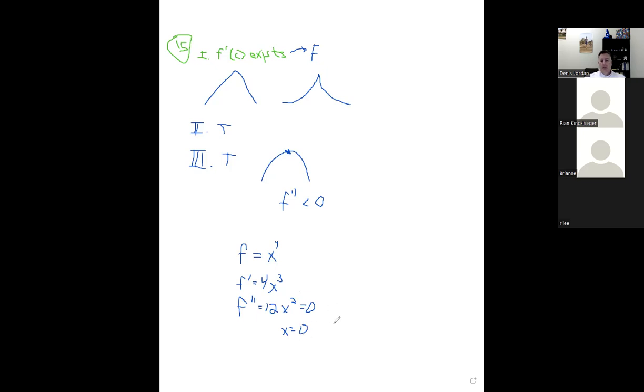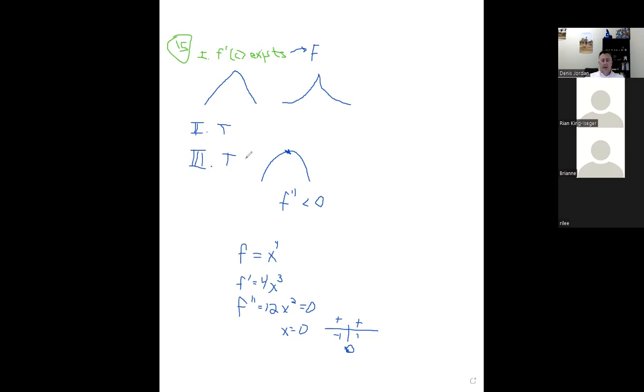But if you solved it for 0, you would just get 0. But if you ran through it and you tested it, it comes out positive. So that would be a case like this.